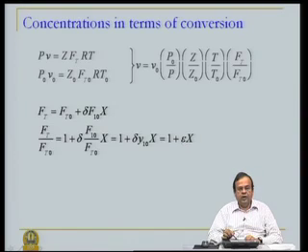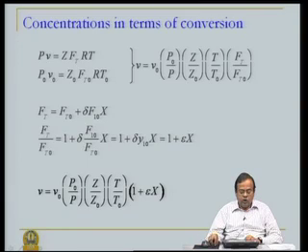So, this epsilon actually is nothing but this factor delta which we talked about earlier, and this y1 0. If we put these two pieces of information together, that is, substitute for Ft by Ft0 in this particular equation, we get the volumetric flow rate changing along the length of the reactor in this particular manner.